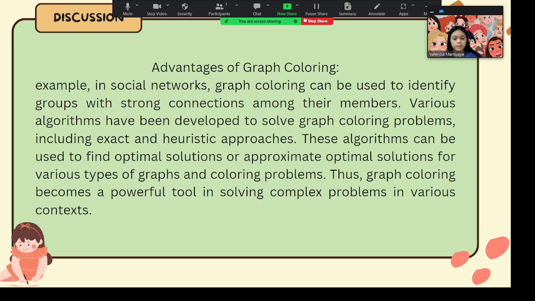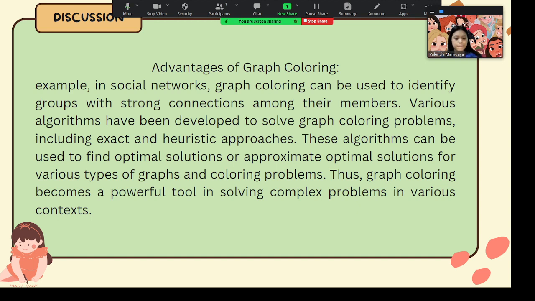Next, impact of graph properties on coloring. Some graph properties such as density and structure can affect the complexity and efficiency of coloring algorithms. Dense graphs or those with complex structure may require more colors to achieve proper coloring.